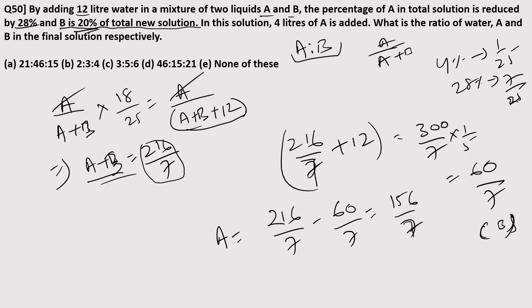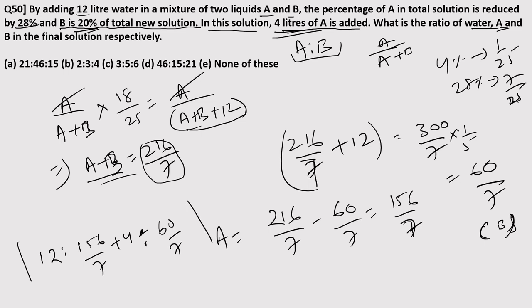It is saying in this solution 4 liters of A is added. What is the ratio of water, A and B in the final solution? So water is 12, is to A in the final solution. A was 156 by 7, but now 4 liters is added, so plus 4, is to B. B is 60 by 7, right?